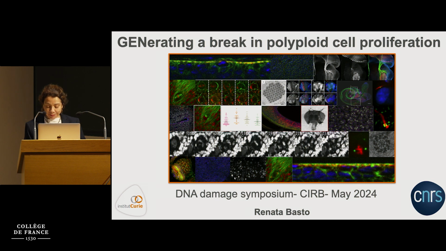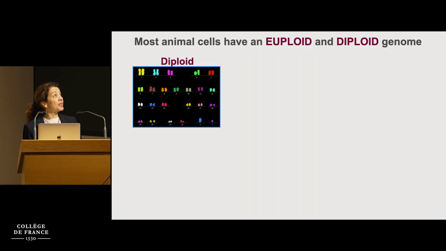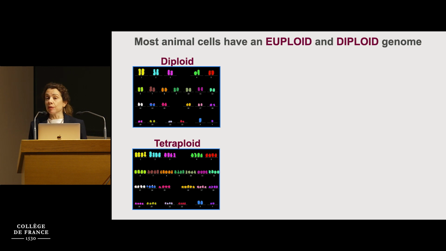As you probably all know, most cells in our body are diploid, meaning that they contain 2 copies of all chromosomes. However, there are exceptions to this. If they contain 3 copies, they will be triploid. With 4 copies, like in this example, they will be called tetraploid.